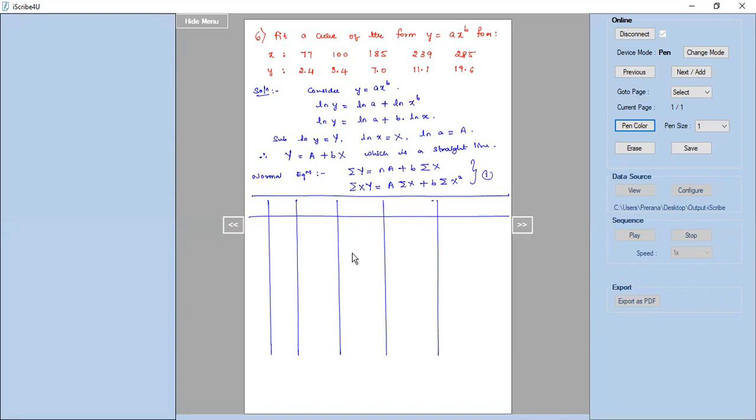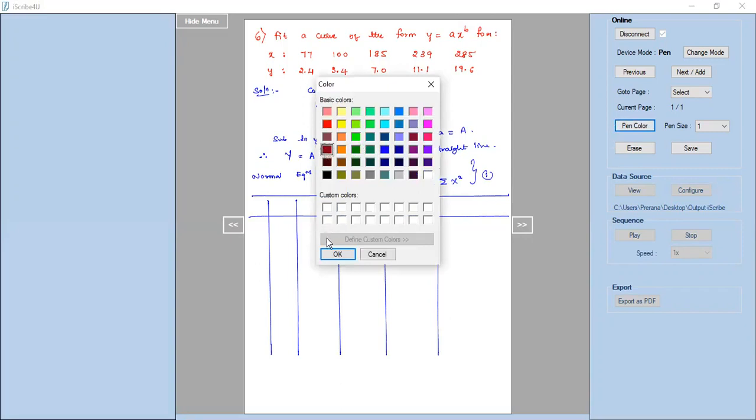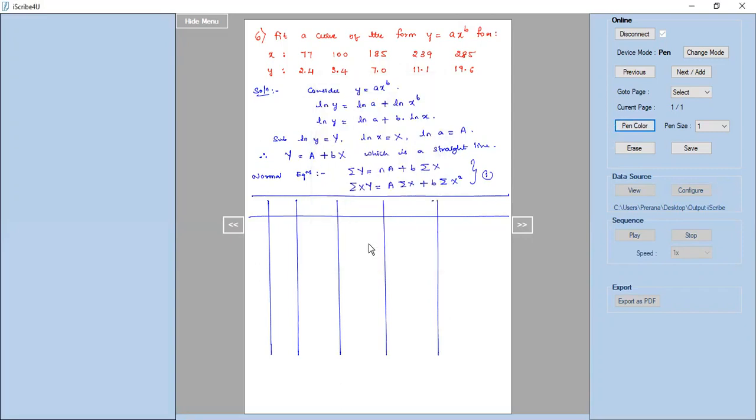So these are the set of columns required for this. Let us fill the data. Small x and small y values are given. So small x, small y, followed by capital X is equal to log x, capital Y is equal to log y. And then we have capital X into capital Y, followed by X squared. The columns are interchanged also, no issues.